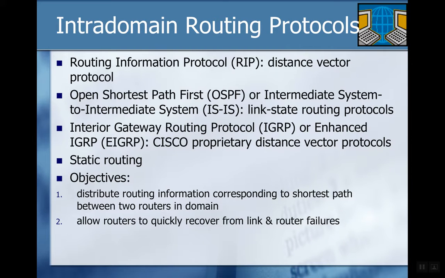Some examples of intra-domain routing protocols. One of the earliest is RIP, the Routing Information Protocol, a distance vector protocol. It's the original one. You still see it around sometimes, but for the most part it's older technology.